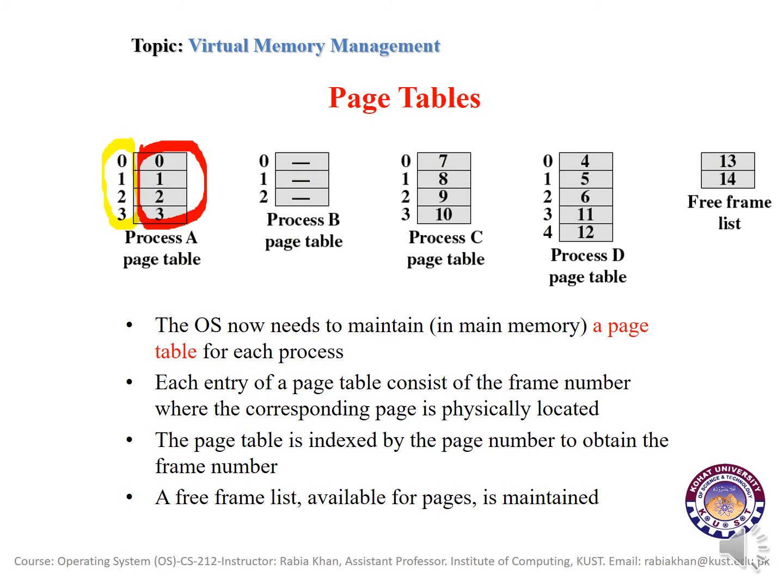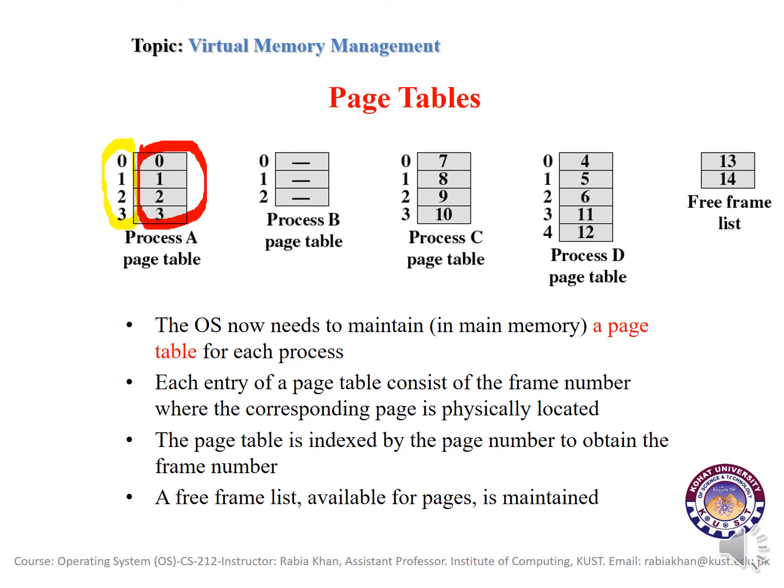So in the diagram you can see 4 page tables for 4 processes, and this diagram shows the entries related to the figure in the previous slide. As we have said in the previous slide, process A has 4 pages and they are placed in frames number 0, 1, 2 and 3.